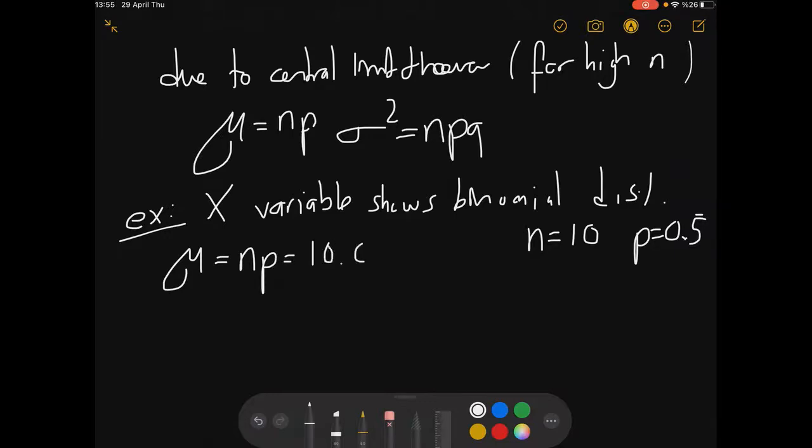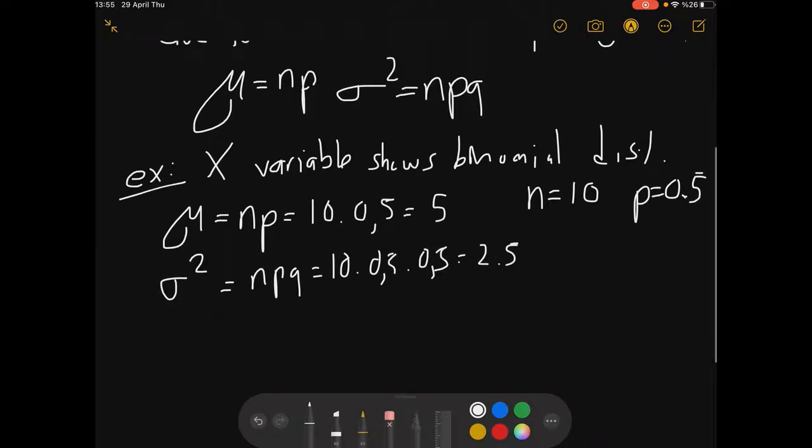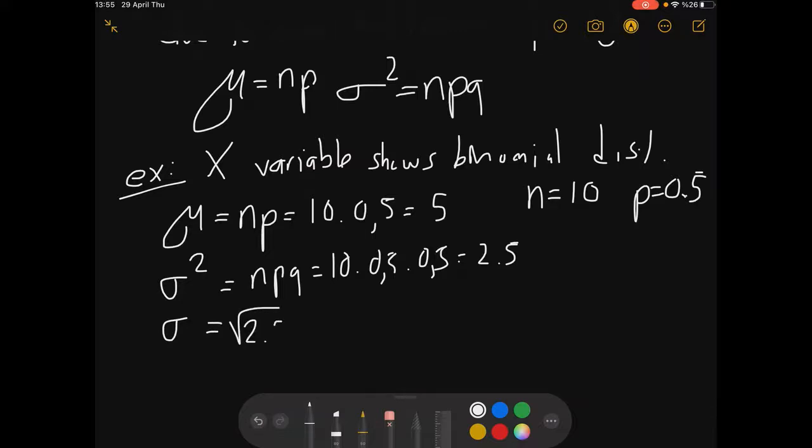It's 10 times 0.5, that would give you 5. And your variance will be npq, namely 10 times 0.5 times 0.5, which will give you 2.5, and your sigma would be the square root of 2.5. It is 1.58. All right.